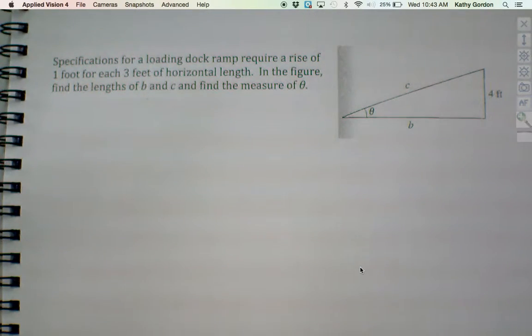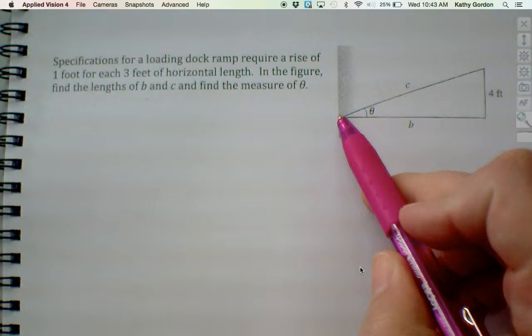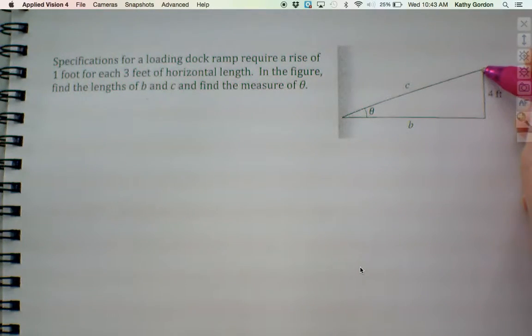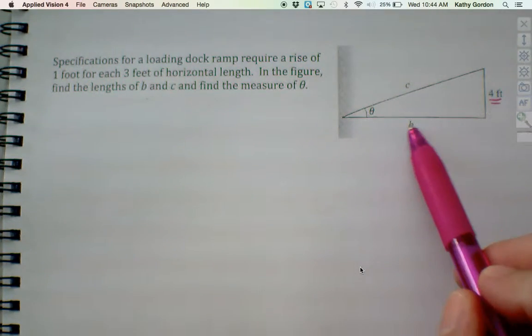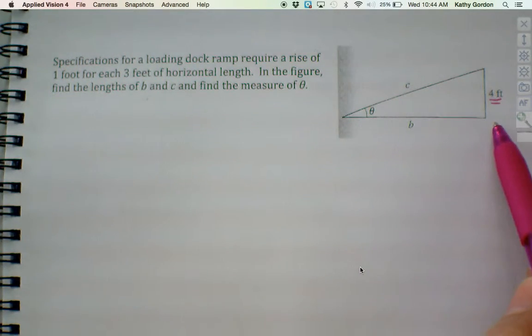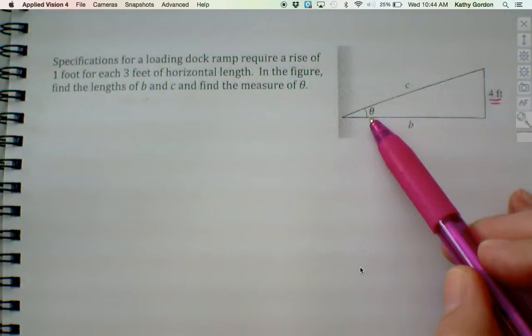So the only piece we're really being given here is the fact that this distance right here from the flat ground to the highest point of our ramp ended up being 4 feet. And we're being asked to figure out what is the horizontal distance, what is the actual length of the ramp itself, and what is this angle.